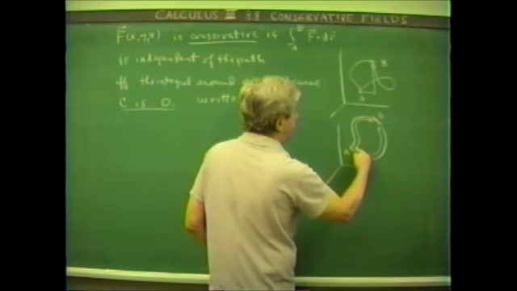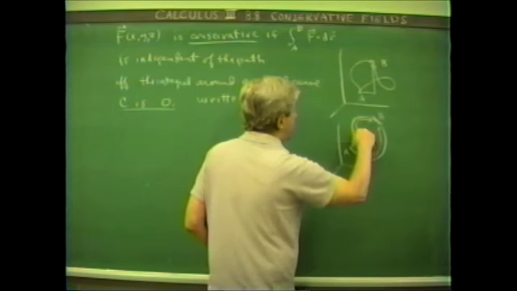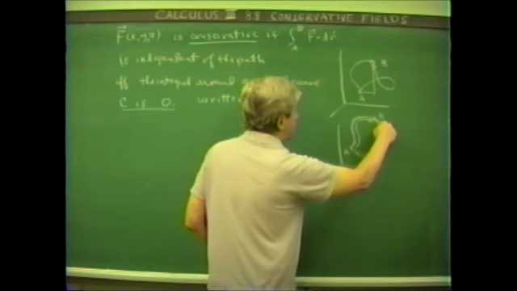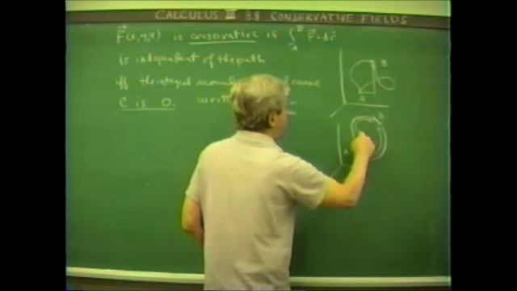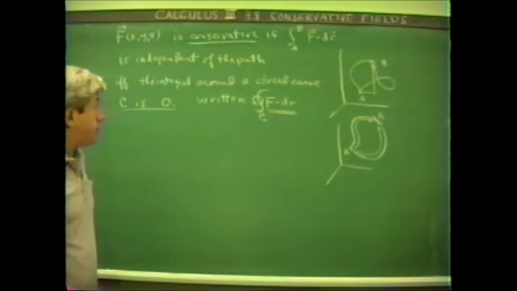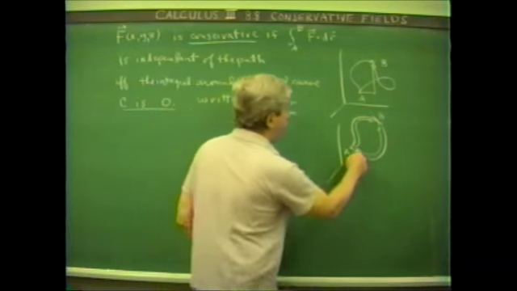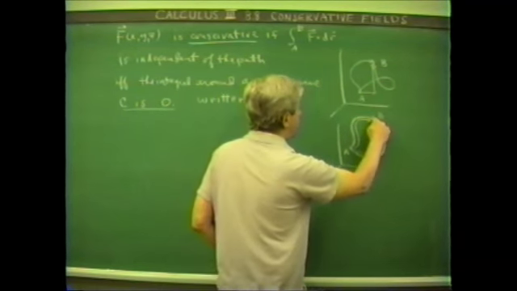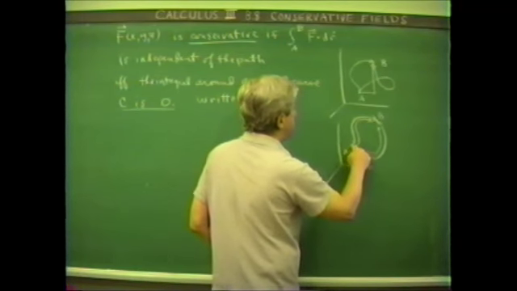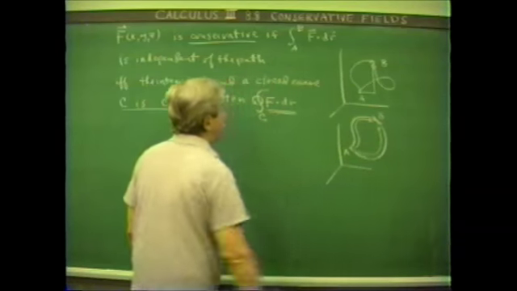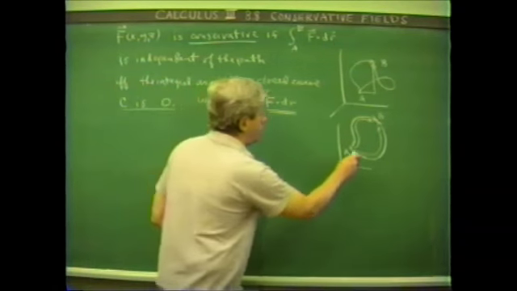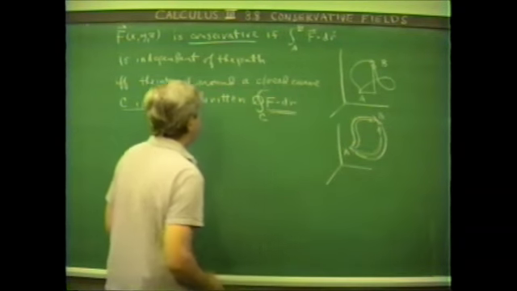Right? This is the same as this because the integral here and the negative of this one are the same, so this integral is the same as that one. The integral going the other direction is the same as this integral here. All right.